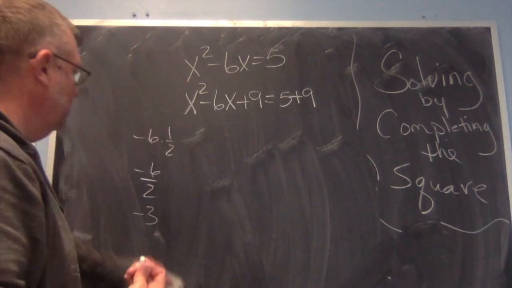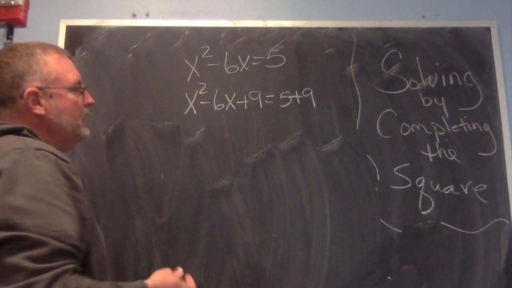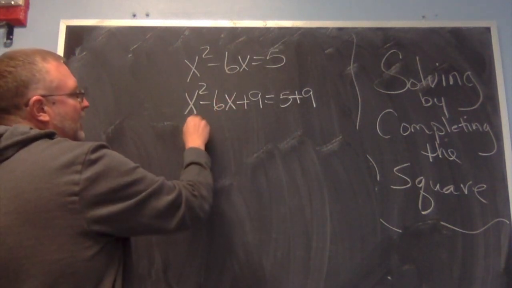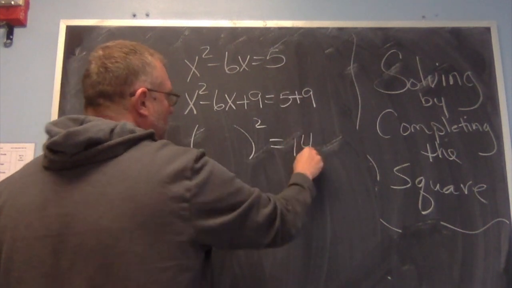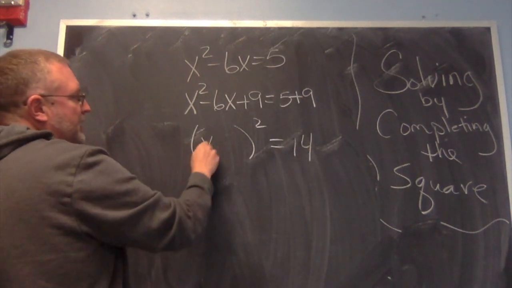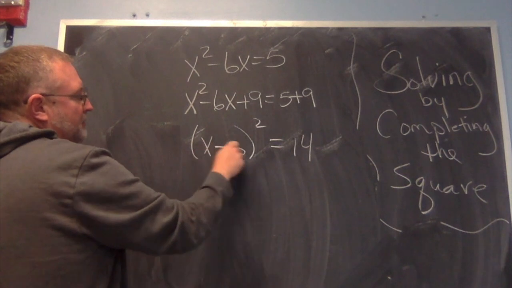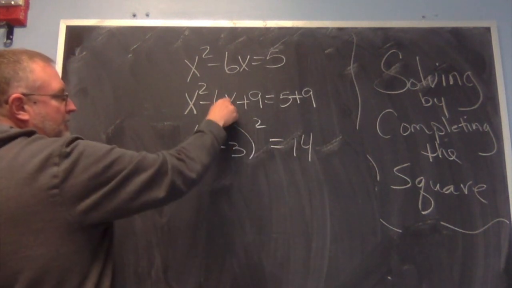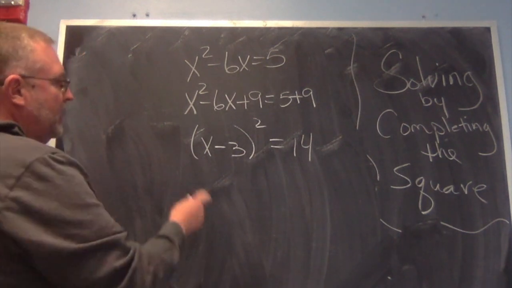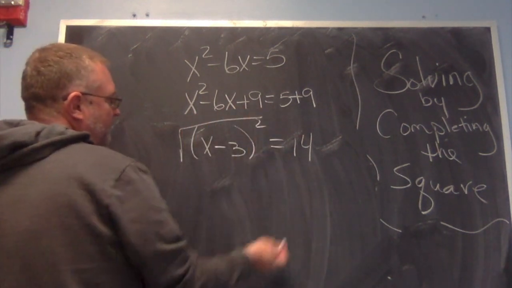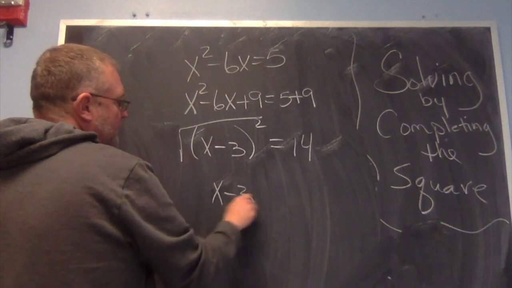I'm going to erase this little section because I'll need it. Now, I need to break this down into a perfect square. 5 plus 9 is 14. We know this is going to be x minus 3. X minus 3 times x minus 3 is x squared minus 6x plus 9. Then I have to find the square root of this, to get rid of that, which just leaves me with x minus 3.